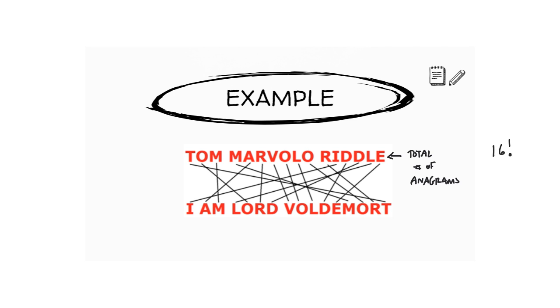So it would be 16 factorial if they were all distinct. However, I see that one of them is type T. There's only one T there. 3 of them are type O. So I divide by 3 factorial for the O's. 2 of them are type M. There's only one A there, 1 factorial for the A's. You can leave off the 1s if you'd like.